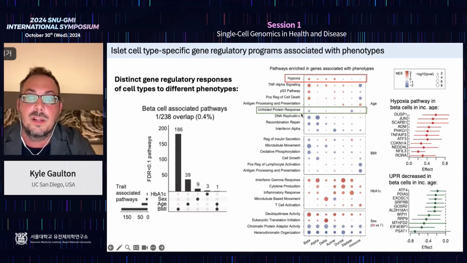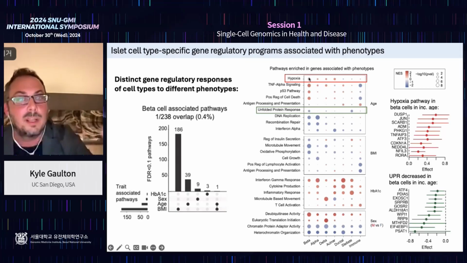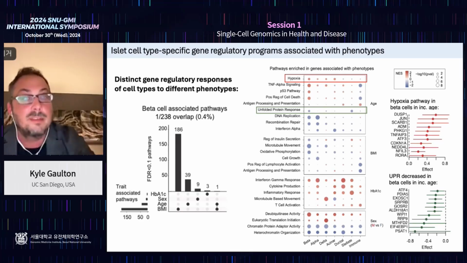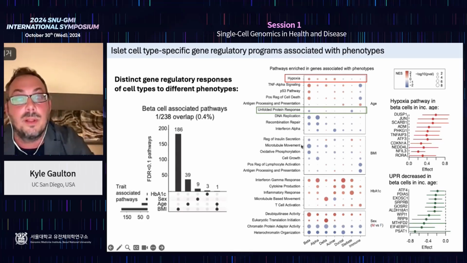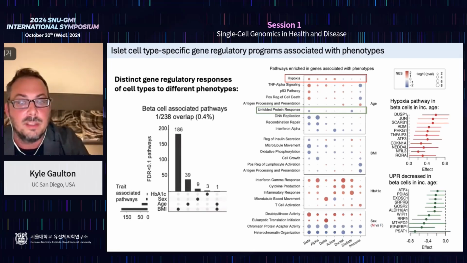And I've highlighted here a couple of pathways that were associated with variability in age, in this example, in different cell types. And in beta cells, we saw a significant upregulation of pathways related to hypoxia and cell death, as well as downregulation of pathways that relate to the unfolded protein response, a mechanism that the cell uses to deal with stress.